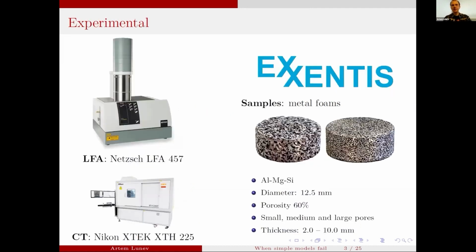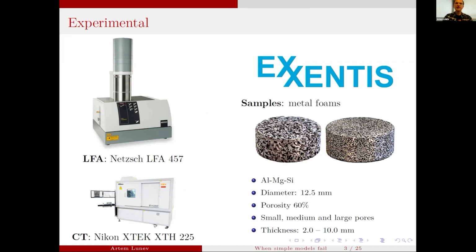We used the LFA tool produced by NEC, because perhaps some of you know that NEC is a world-leading manufacturer of different kinds of thermophysical instruments, and the LFA 457 is one of them. It utilizes a neodymium glass laser with a wavelength of about 1 micrometer.